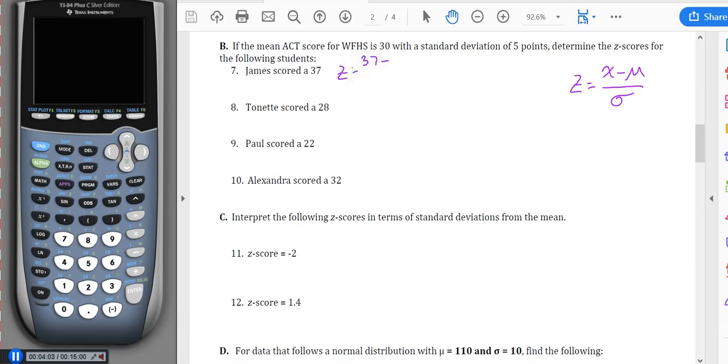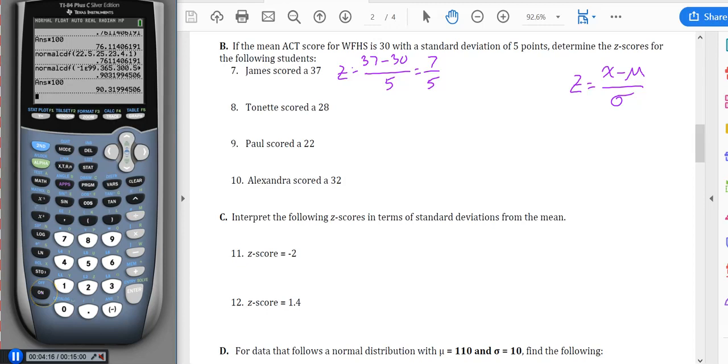My mean is 30. My standard deviation is 5. I'm going to get 7 over 5. And again, if you want to use your calculator, that's fine. So 7 over 5 is nothing more than 7 divided by 5, which will give me 1.4. So I have a positive number because it's to the right of the mean.